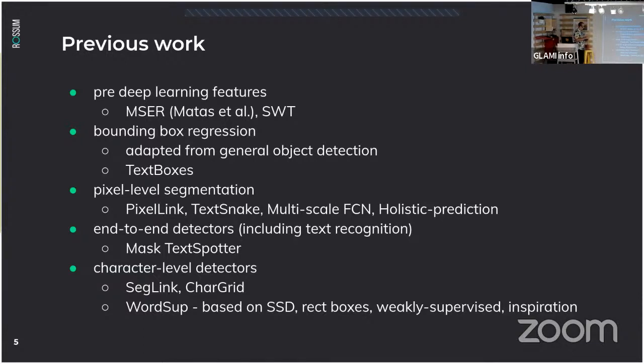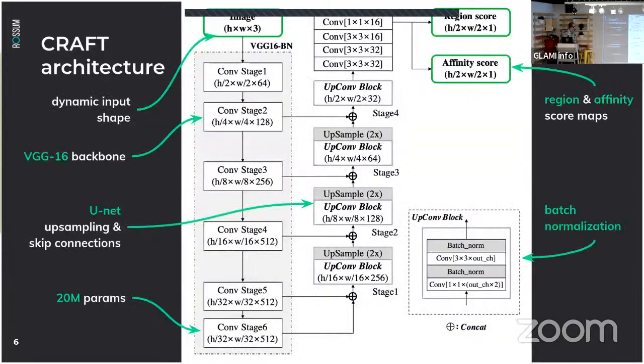One of them is called WordSup, and the authors of this method say that they got inspired by this method, which was based on a single shot detector, but it found only rectangular boxes, so it was not good for curved text. But there was an interesting way of training using weak supervision, and we will see that influence soon.